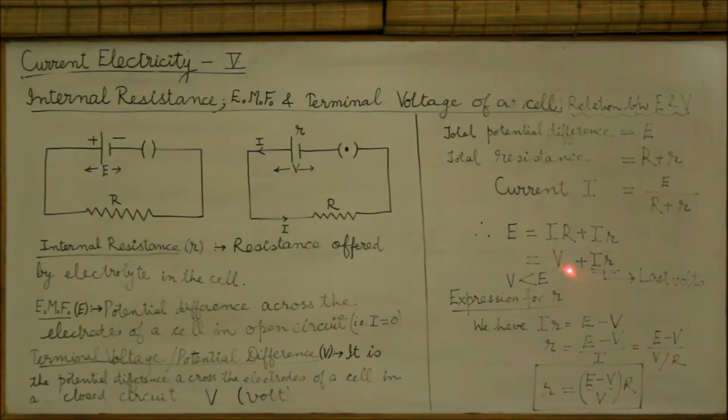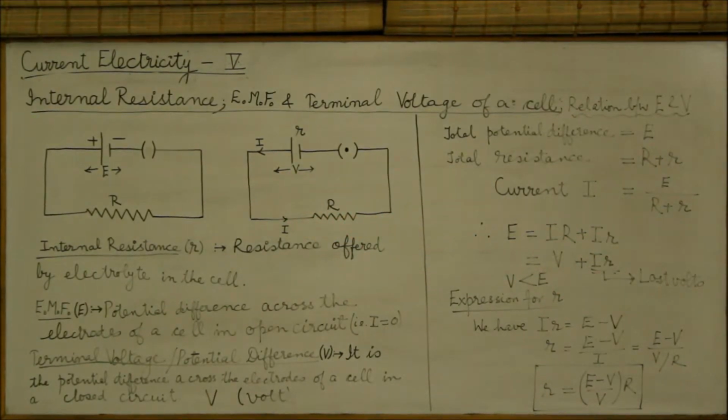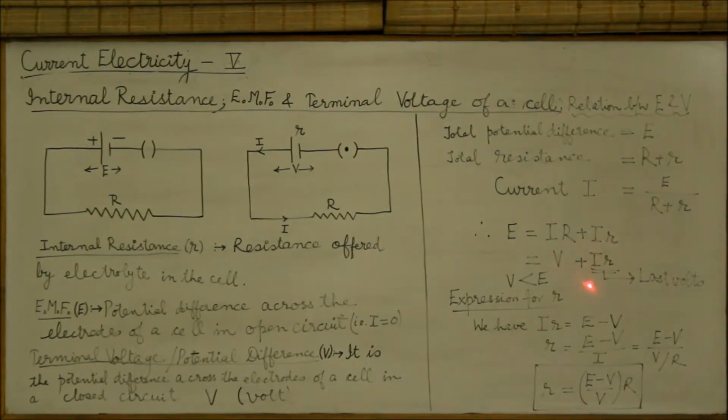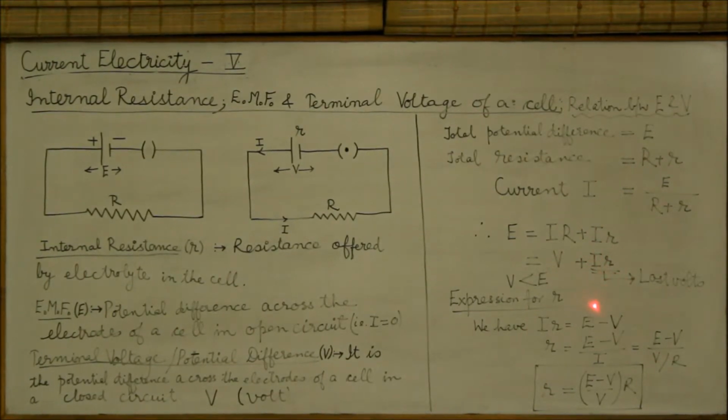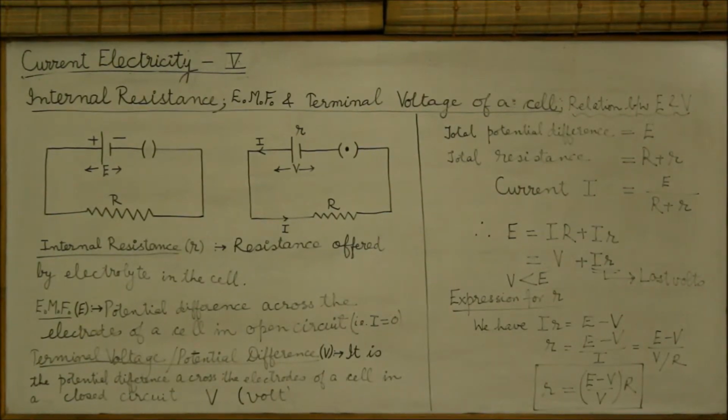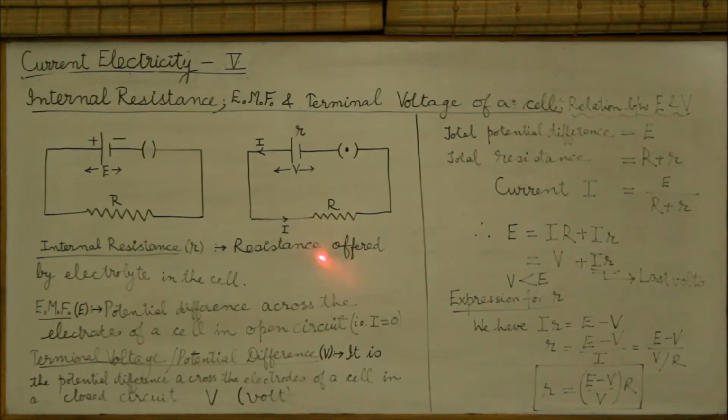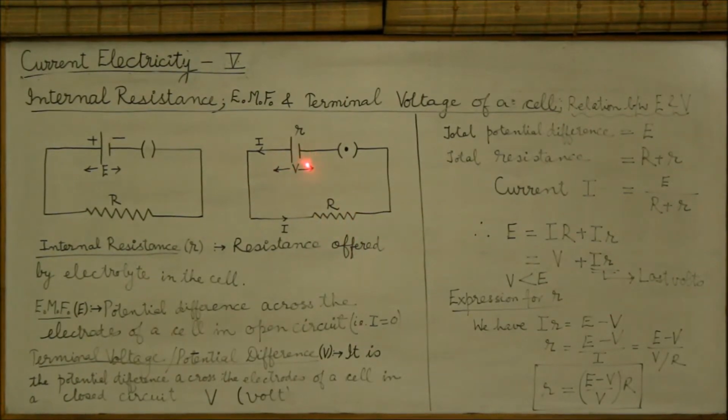IR is the potential difference across the resistance or across the cell in this closed circuit, and this term I into small r is sometimes also termed as lost volts because this is a potential difference which is used to overcome the internal resistance.